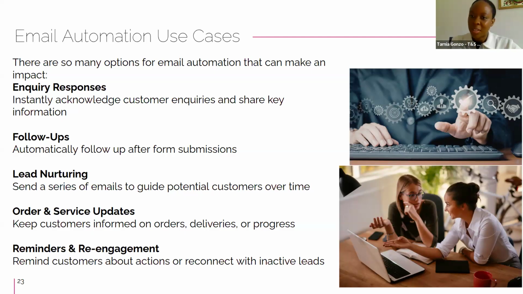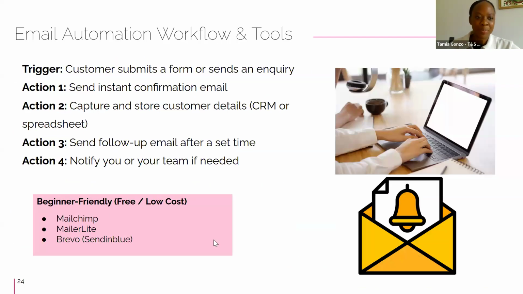I also talk about order and service updates. That one's pretty good: as soon as someone's placed an order, being kept up to date on it. And then reminders and re-engaging, just reminding your customers that you're still there, still doing great work, and available. So let's talk through an automation before I show you a demo.